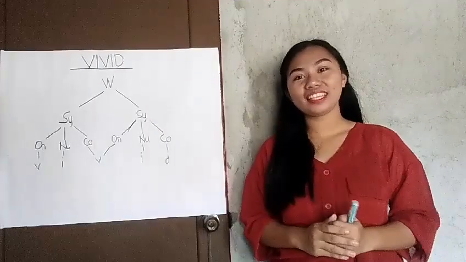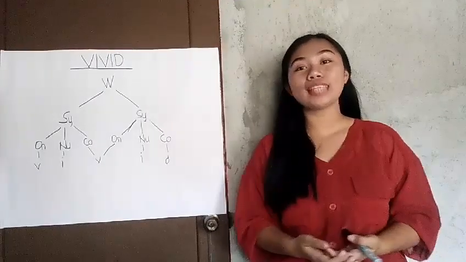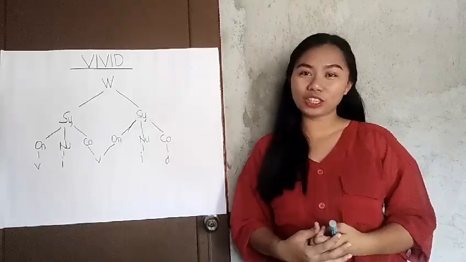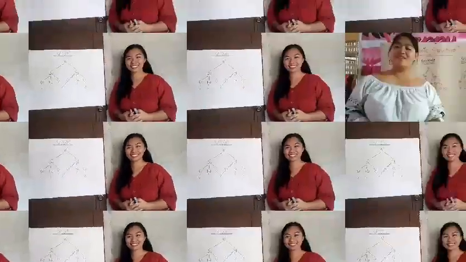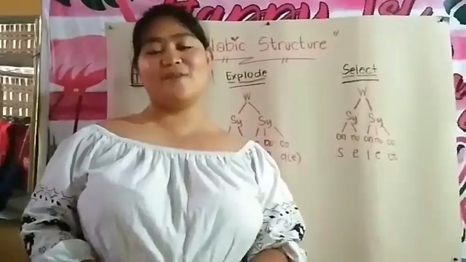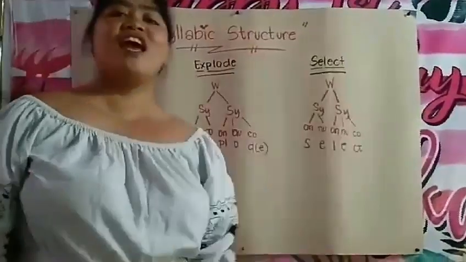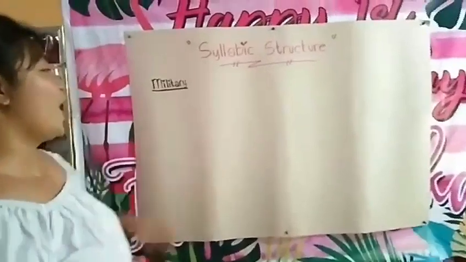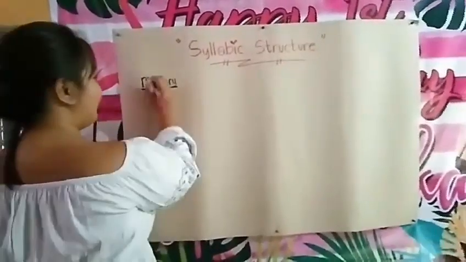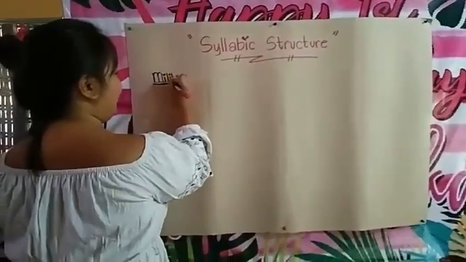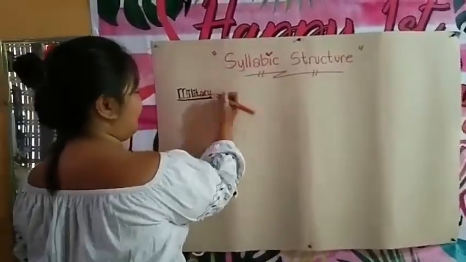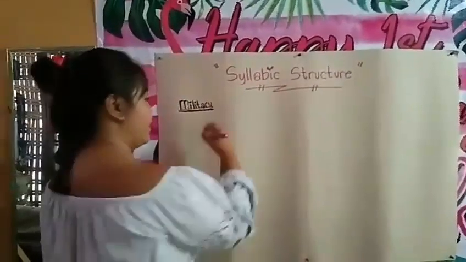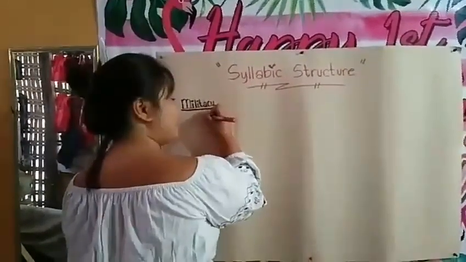So I have here Atenika to provide you another examples of syllable structures. Everyone, today I am going to discuss the syllabic structure. Here is military. Military has 4 syllables: the mi, li, ta, ri. There are 4, so you are going to put the W, which means the word.